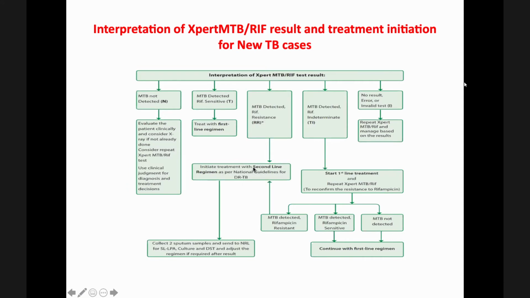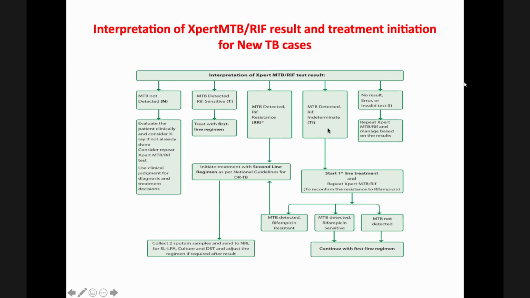I will come to the drugs that you are going to use in the second line in the next slide. Then as per the National Tuberculosis Guidance for Drug Resistant TB, collect 2 sputum samples and send to the National Reference Laboratory for SLLPA, second line probe assay, culture and drug sensitivity test, and adjust the regimen if required after the result.